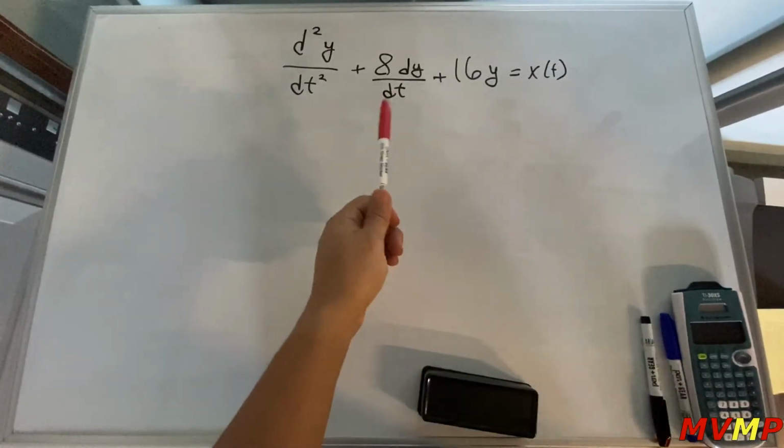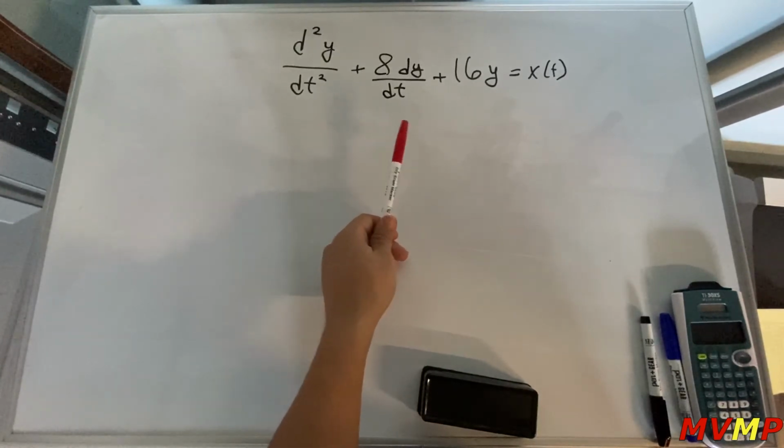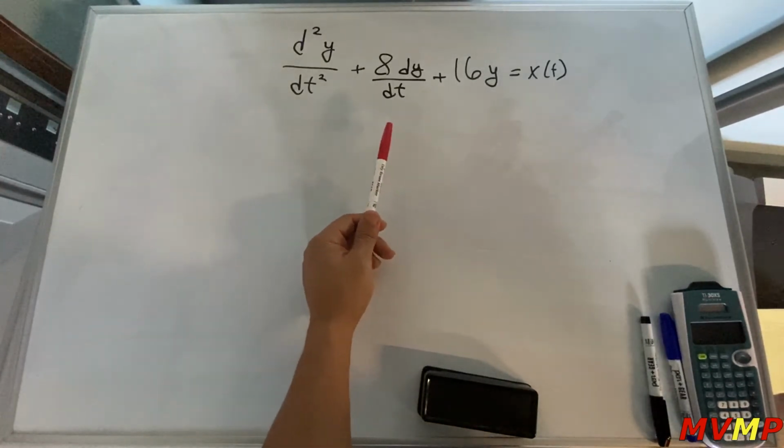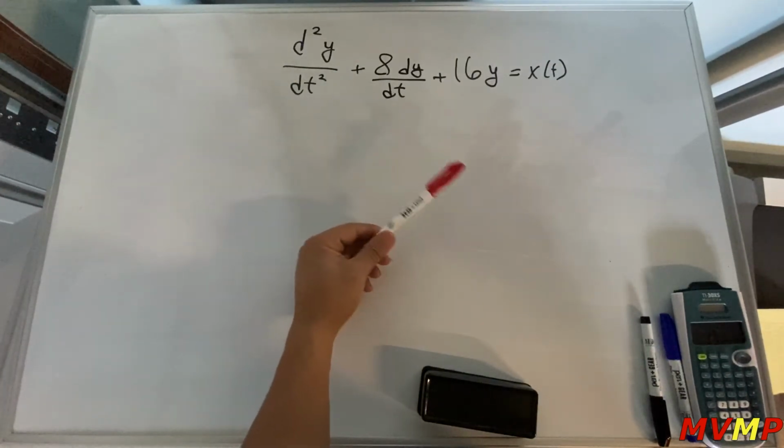So you're given a second order system and it's asking how to describe this system. The answer they're looking for is whether the system is underdamped, overdamped, or critically damped.